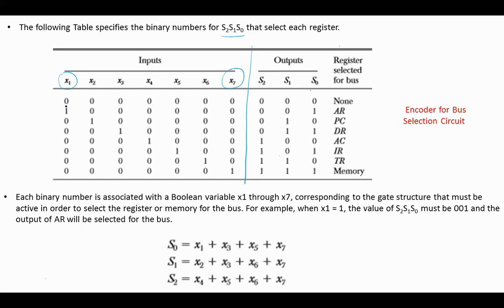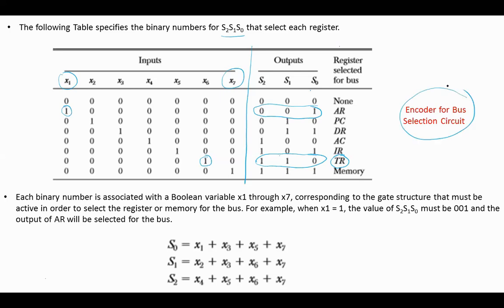For example, when x1 equals 1 here, the value of S2, S1, S0 should be 001, and the output of the address register will be selected for the bus. And for example, on x6, the value of S2, S1, S0 should be 110, and the output of the temporary register will be selected for the bus.